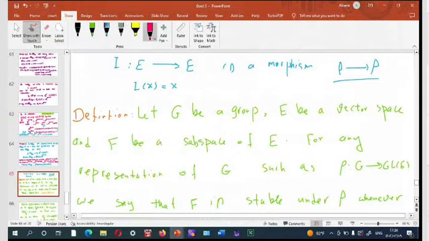We know that the identity map is a morphism. I will express this definition for you. Please note.